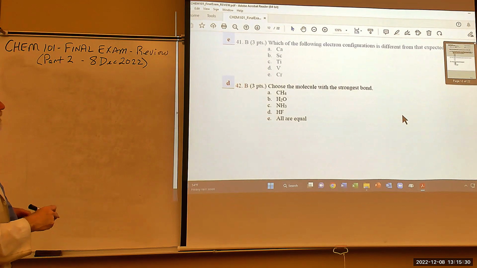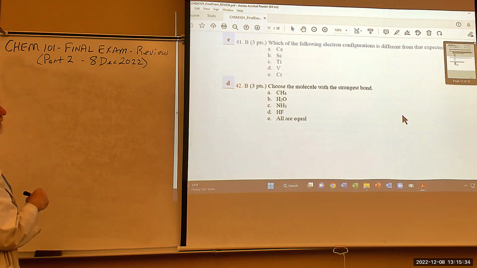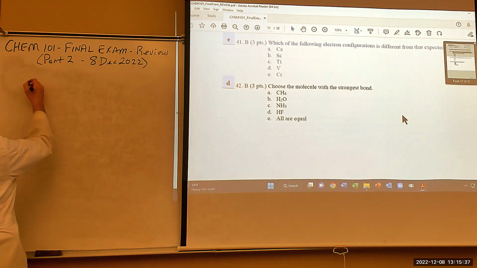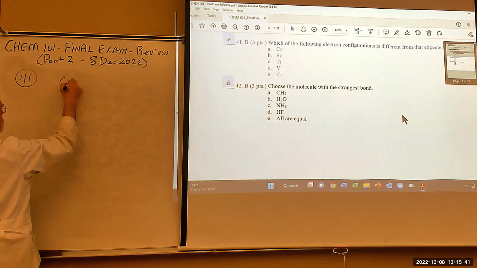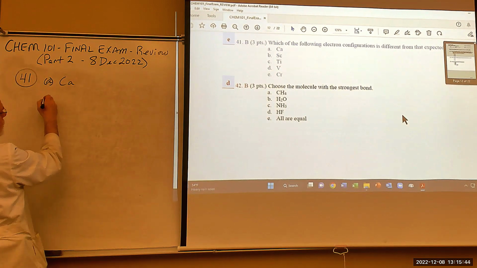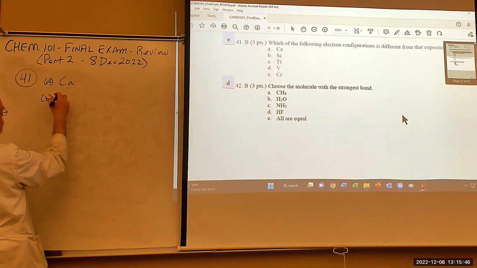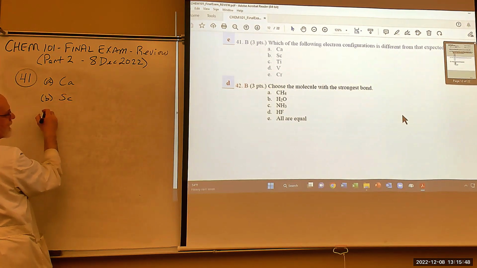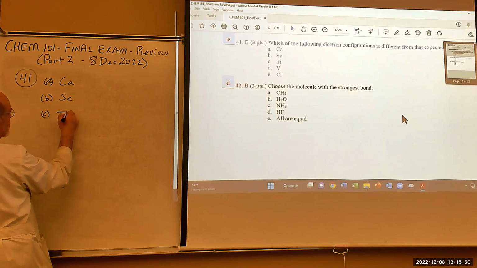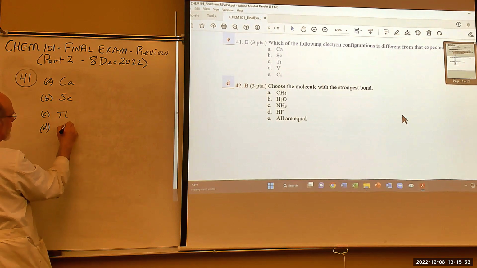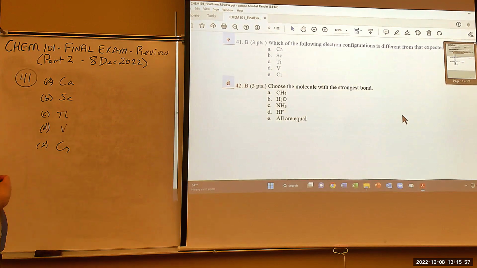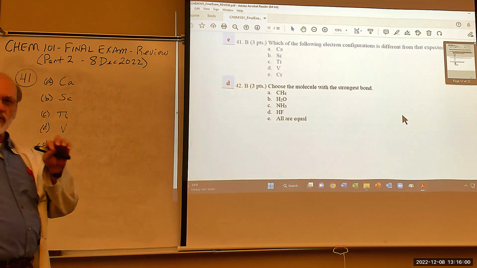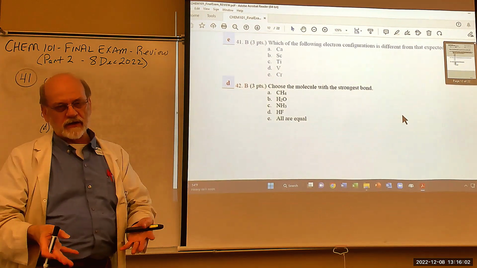All right, 41. Which of the following electron configurations is different from that expected? Okay. So we have calcium, boron, scandium, titanium, vanadium, and chromium. All right. So where do we see discrepancies? At least the ones that we've talked about.